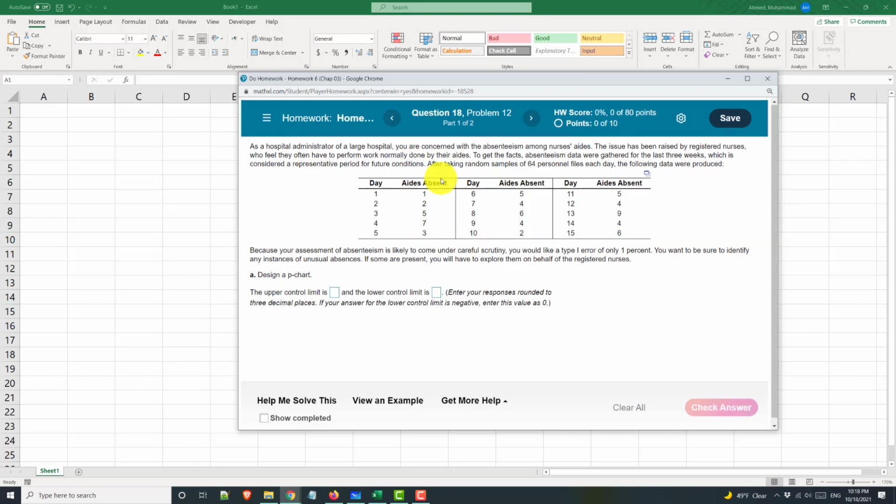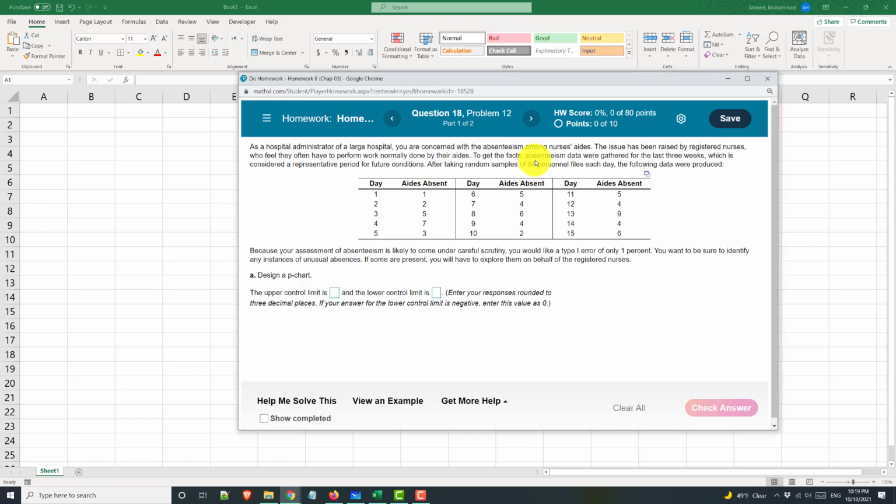And so the purpose of taking these random samples again and again and finding how many people are absent is to get some handle on absenteeism, like how often people are absent.